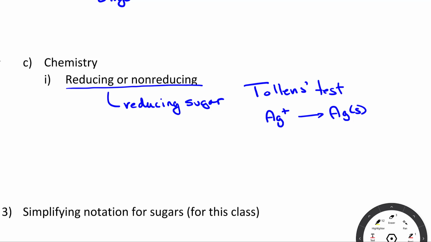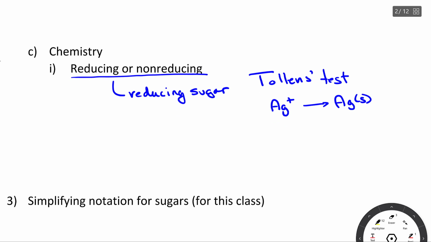It's the way old Christmas ornaments used to be made. They would take glass balls and fill them with Tollens reagent and a reducing sugar, and they were able to create a silver mirror on the inside. So anyways, that's Tollens test for reducing sugar. It can either do that or it can't, and we'll talk about why that is in the structure later.